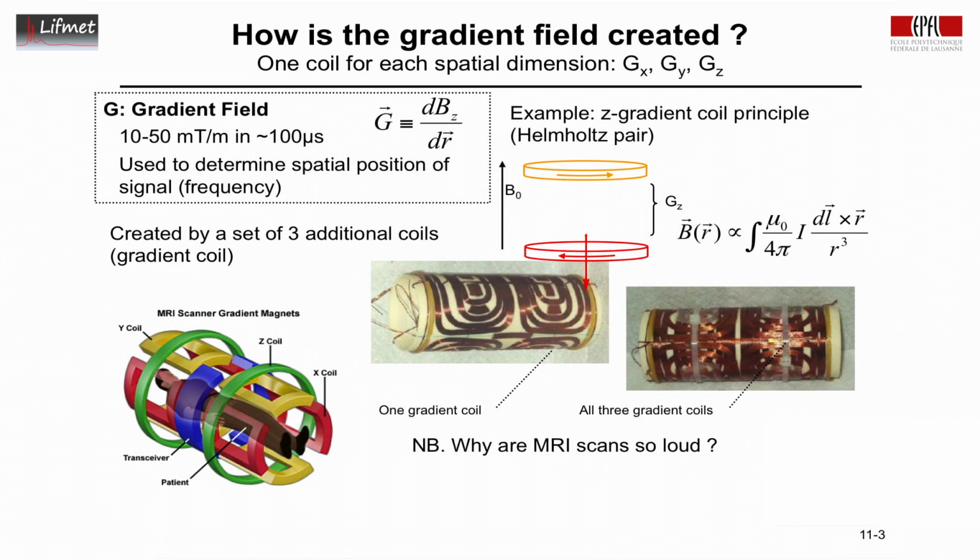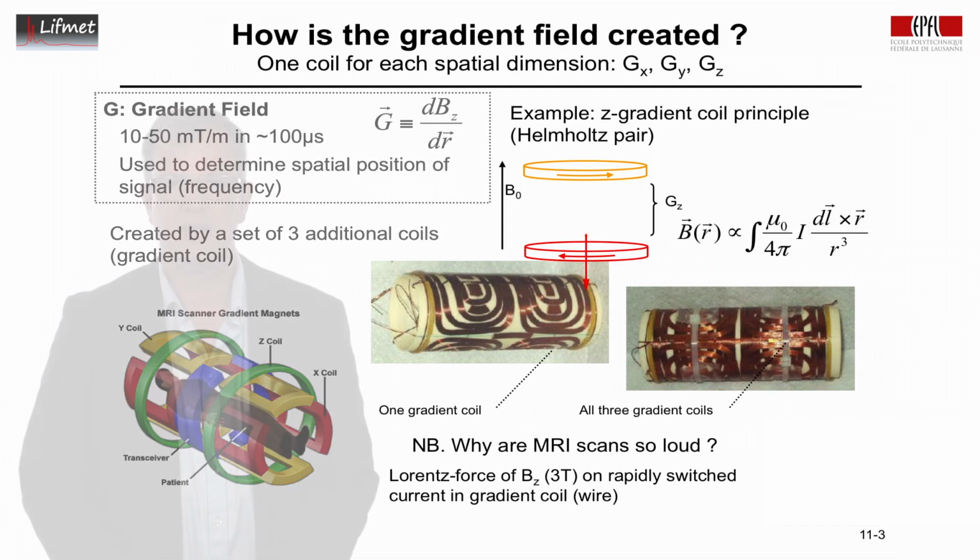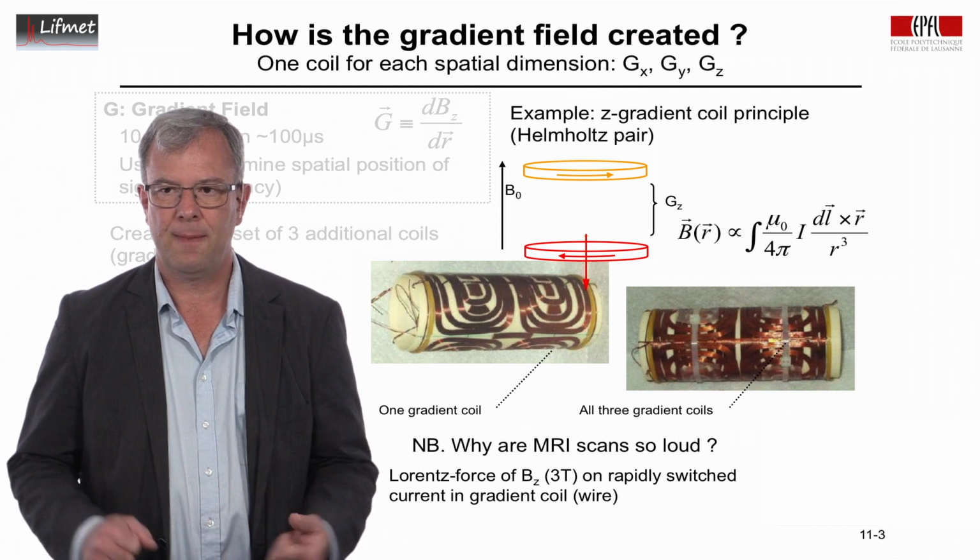So where does this sound come from in the MRI scanner? As we've seen with the experiments, we're looking at the Lorentz force of the B0 field, let's say it's 3 Tesla, so a very strong magnetic field, on rapidly switched current in the gradient coil. So this force builds up.